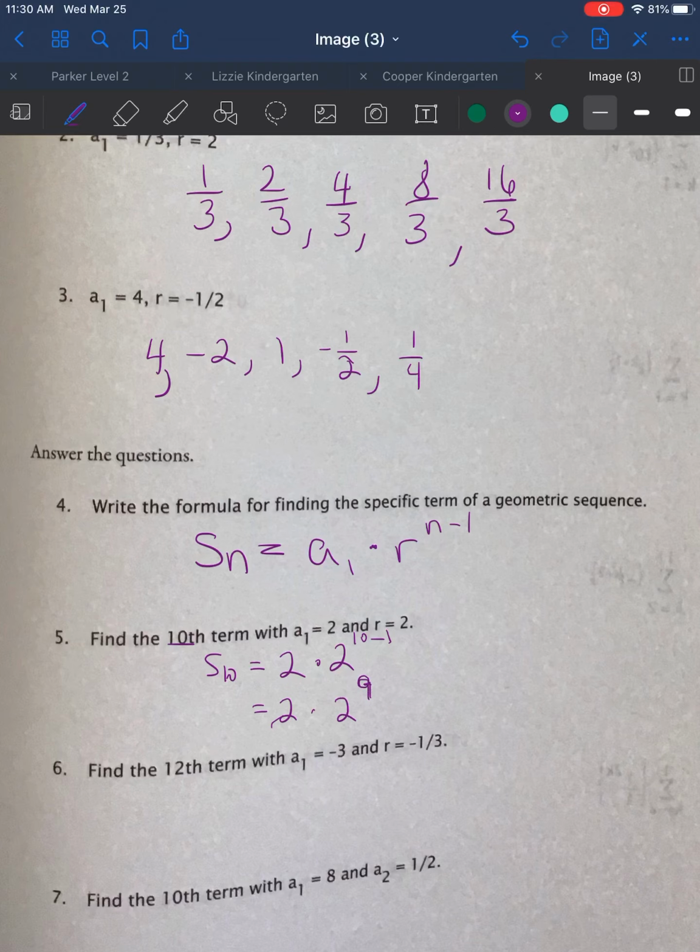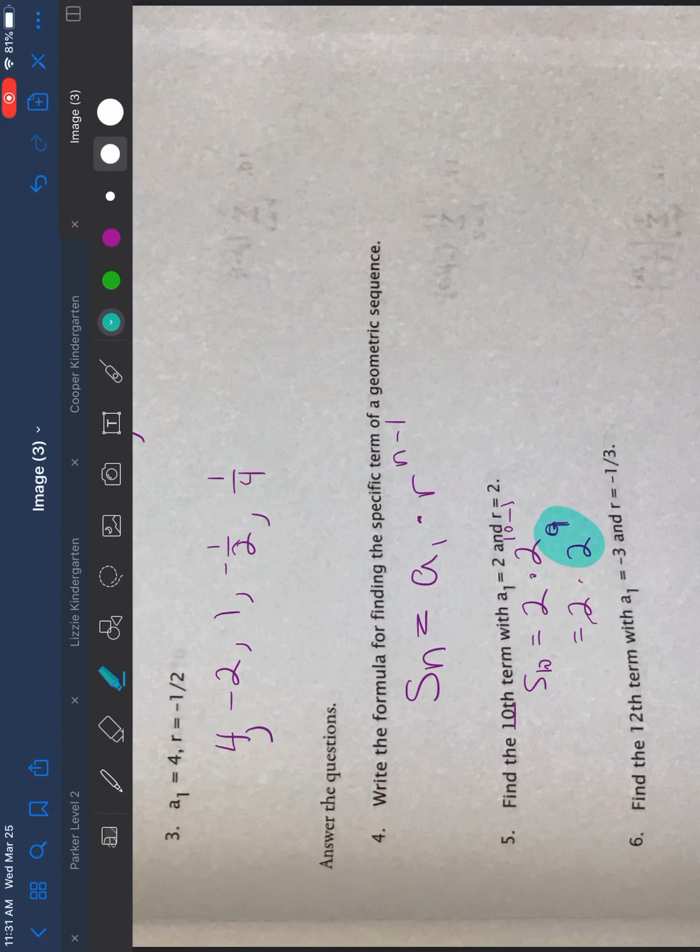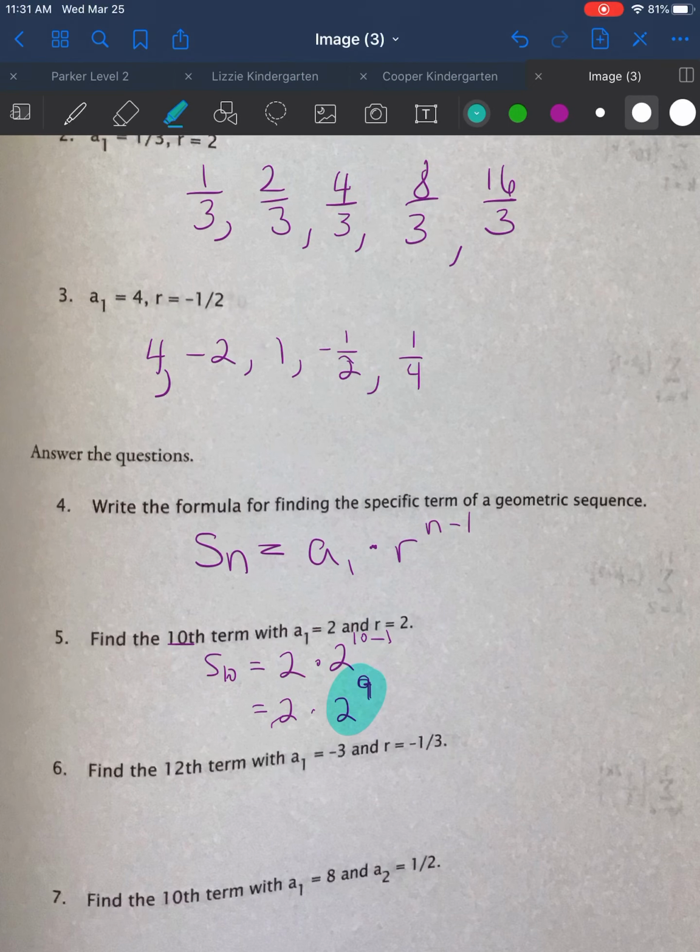Okay, order of operations here. You have to do the 2 to the 9th first before you multiply by 2. If you do 2 times 2 to the 9th, you're actually doing 4 to the 9th power, which is extraordinarily different. So do your exponential term first. Remember good old PEMDAS, parentheses, exponents. You're going to do your exponents first, then you'll multiply.